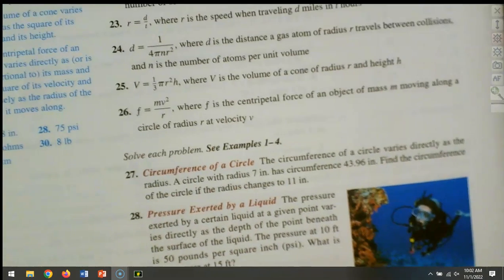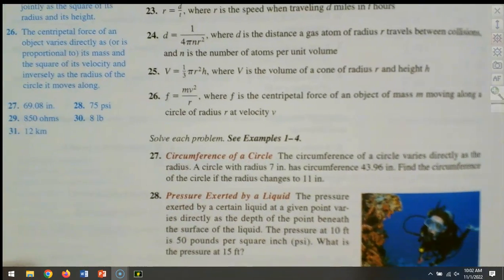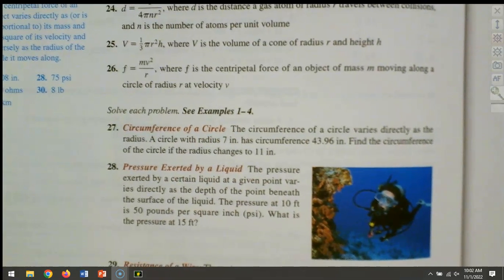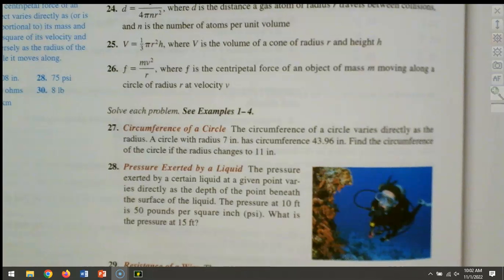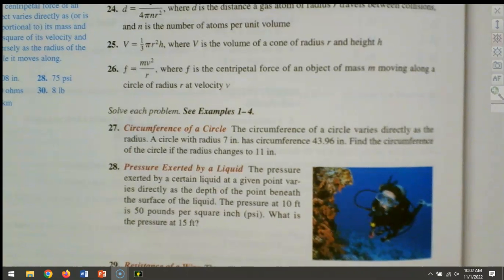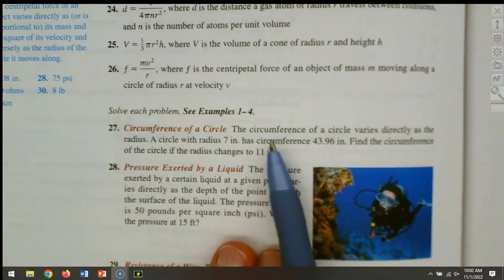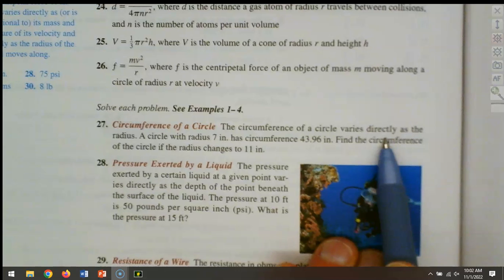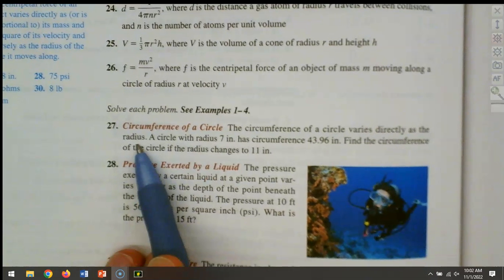So I'm on page 416, and we're going to look now at question 27. This one deals with pi. We're going to be finding pi here. Actually, 2 pi. The circumference of a circle varies directly as the radius.